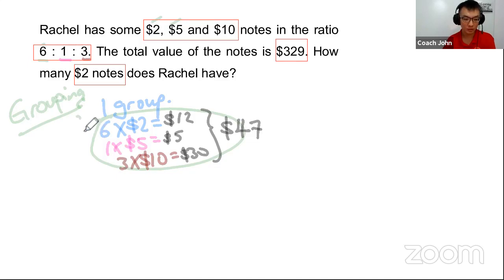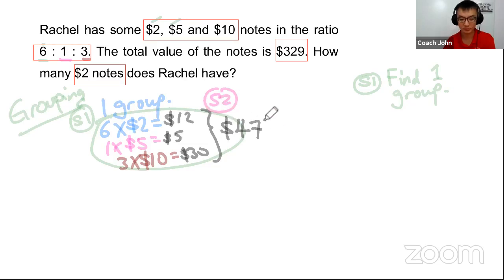Step 1 is to find one group. Let me write down on the side. For grouping, find one group. Then step 2 is to find the value of one group.